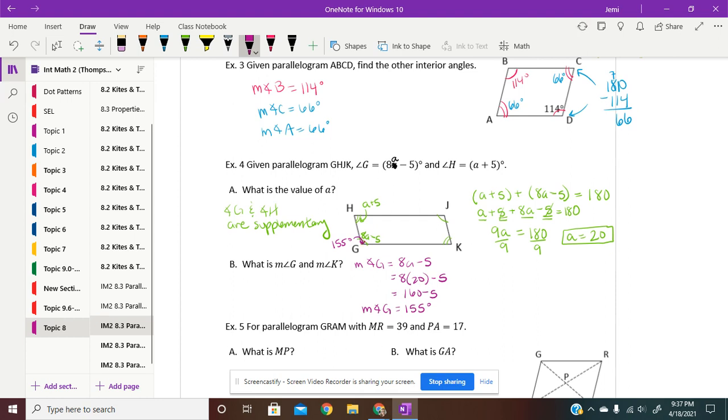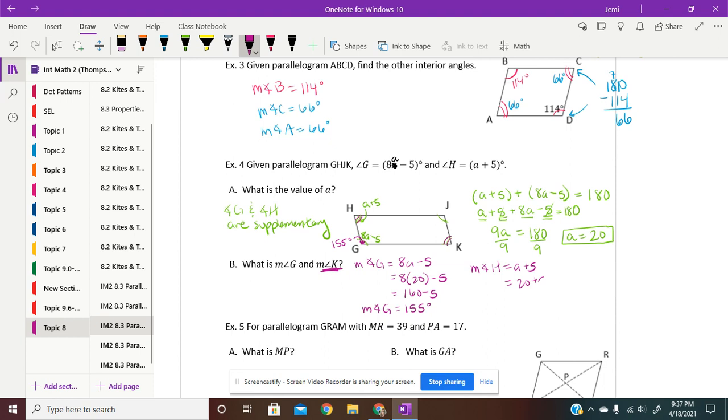But I don't have an expression for angle K. Well, you've got a couple of different ways you can go about solving this. I know that H and K are the same. So I could just plug in 20 for A in the expression for H. H is the expression A plus 5.